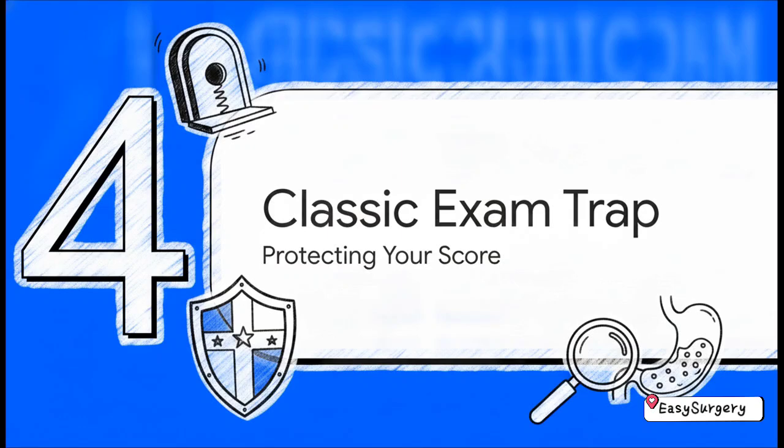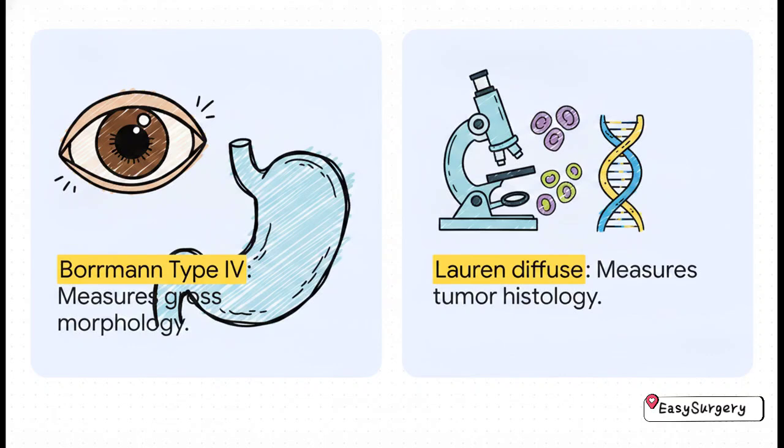Let's protect your score. What we're looking at here perfectly illustrates a trap you absolutely need to dodge. Do not, under any circumstances, confuse Borrmann type 4 with the Laurin diffuse type. They sound similar, right? And they're conceptually related, sure, but they are completely different classification systems.